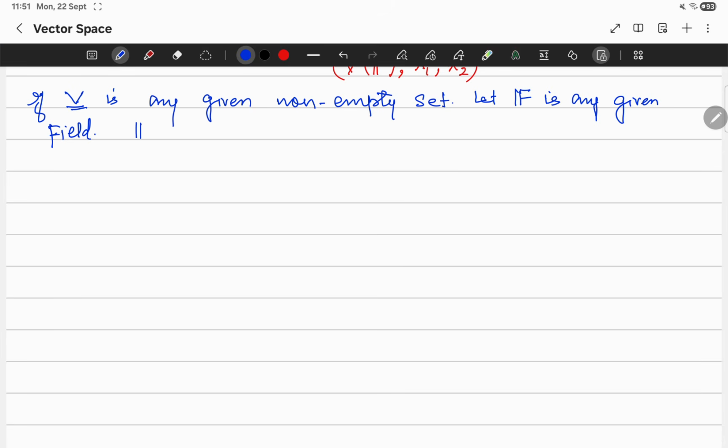For example F is field, it means इसकी दो ऑपरेशन रहेगी, star1 and star2.